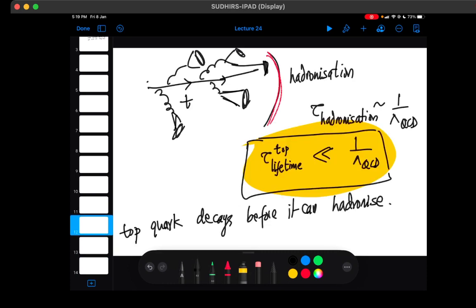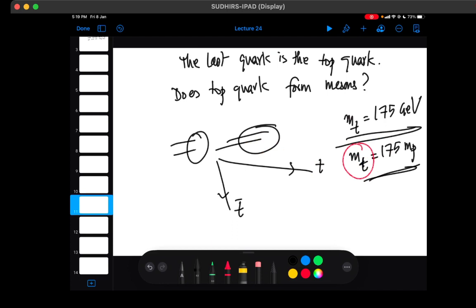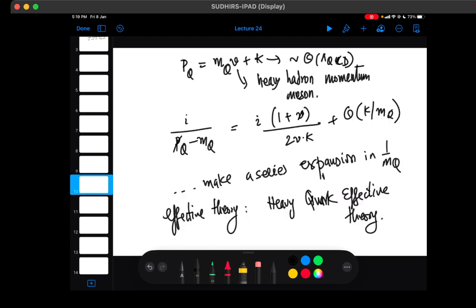With this, I think I covered most of the points I wanted to cover about the bound states of QCD.